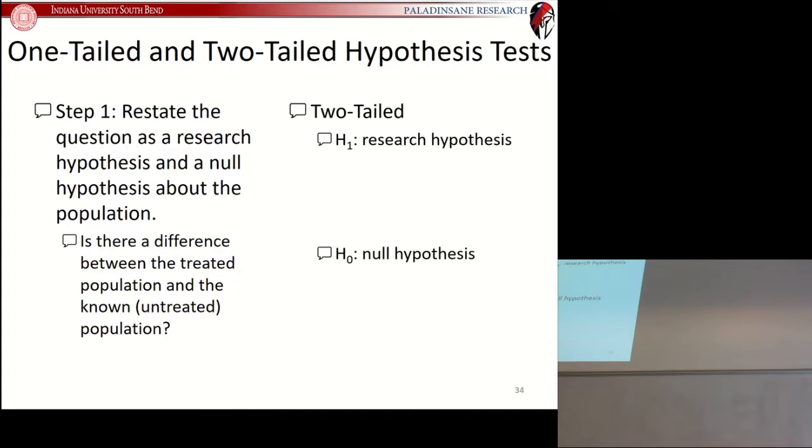So what are the possibilities of your experiment? Well, one possibility is that the mean of your treated population is going to be less than the mean of your untreated population, right? Maybe your treatment makes scores go down. That's one possibility. Another possibility is that the mean of your treated population is going to be greater than the mean of your untreated population, right? Maybe your treatment makes scores go up.